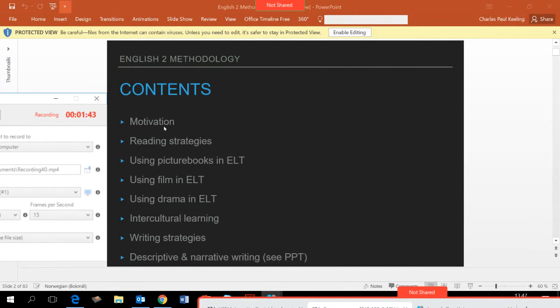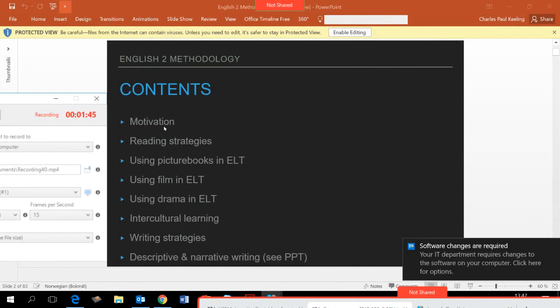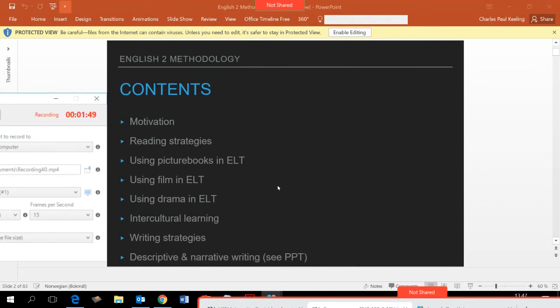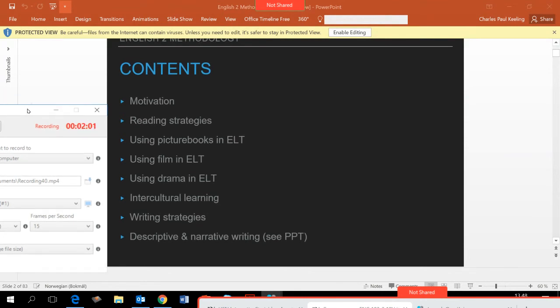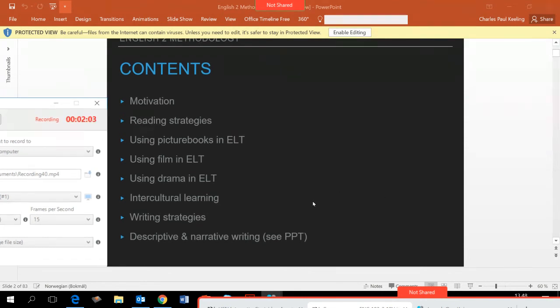Contents: we've touched on motivation, reading strategies, using picture books in ELT, using film in ELT, using drama in ELT, intercultural learning, writing strategies, and cross-curricular learning is there as well if you want to go into that area, because we brought that up from term one as well. And using literature in the classroom, which I've approached through this section that I've called descriptive and narrative writing.